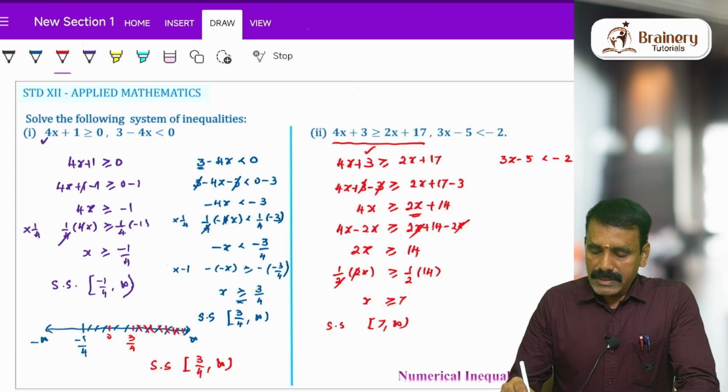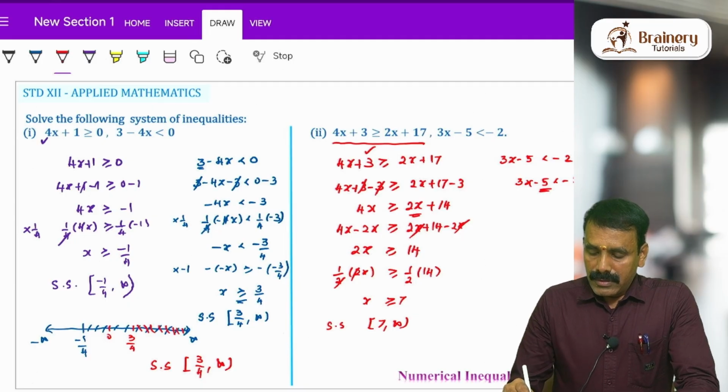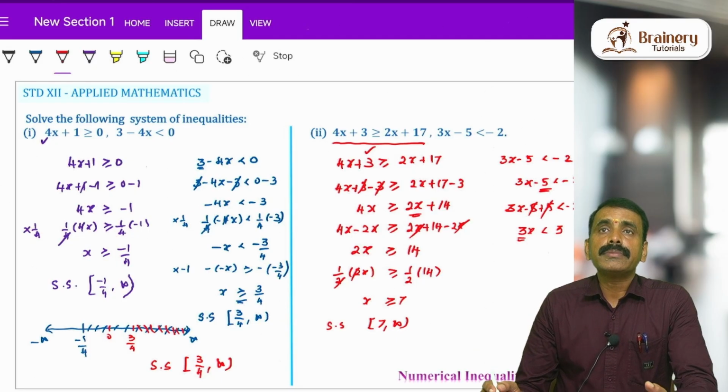Okay. Now consider the other inequality, 3x minus 5 less than minus 2. I want to remove this minus 5 first. Okay. So 3x minus 5 plus 5 is less than minus 2 plus 5. So minus 5 plus 5 cancels. So 3x is less than plus 3. Now I want to remove 3. So what am I supposed to do?